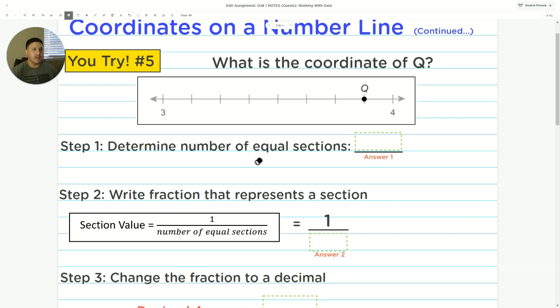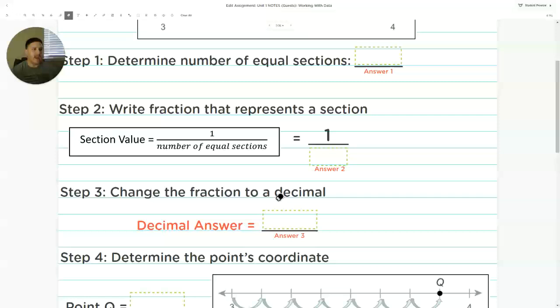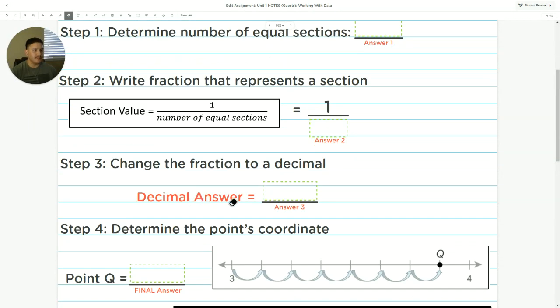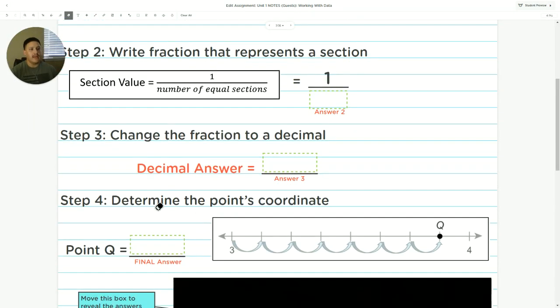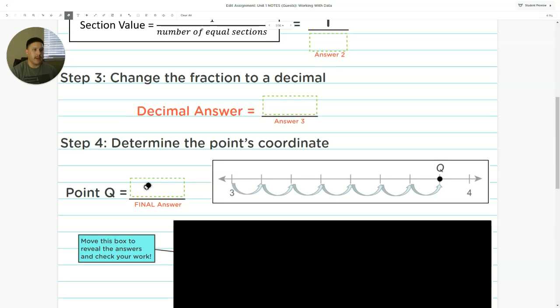Step 1, determine the number of equal sections. Step 2, write the fraction that represents a section, 1 over whatever. Change the fraction to a decimal. And then determine the point's coordinate by figuring out how many of those decimals we have to add to get to Q from 3. And then type your final answer.